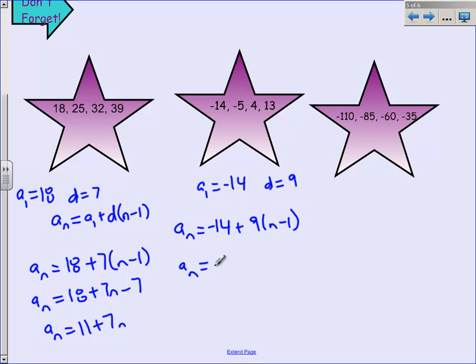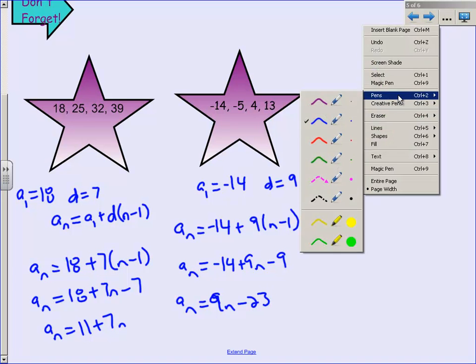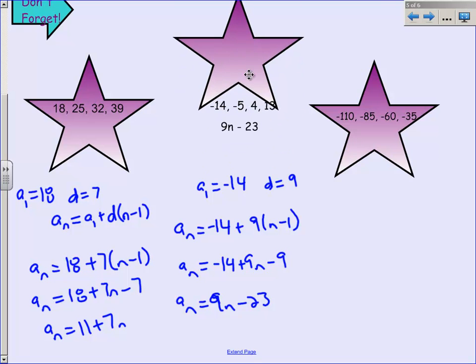Go ahead and distribute, and then collect like terms, and we're going to get 9n minus 23. Let's see if we got that one right. There we go. I'll leave that third one up to you to do.